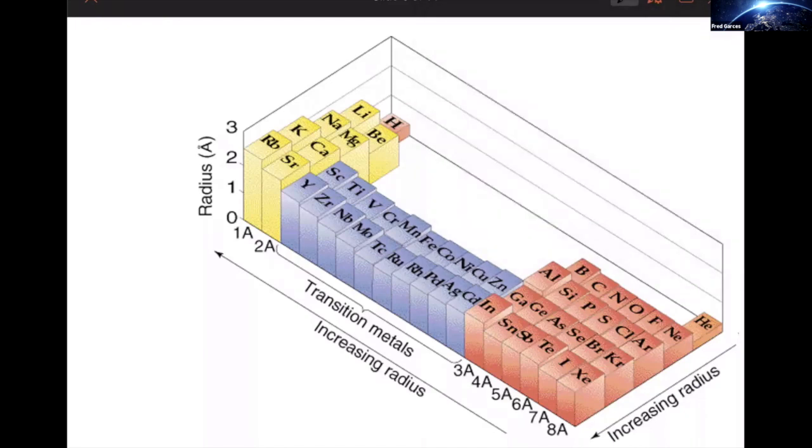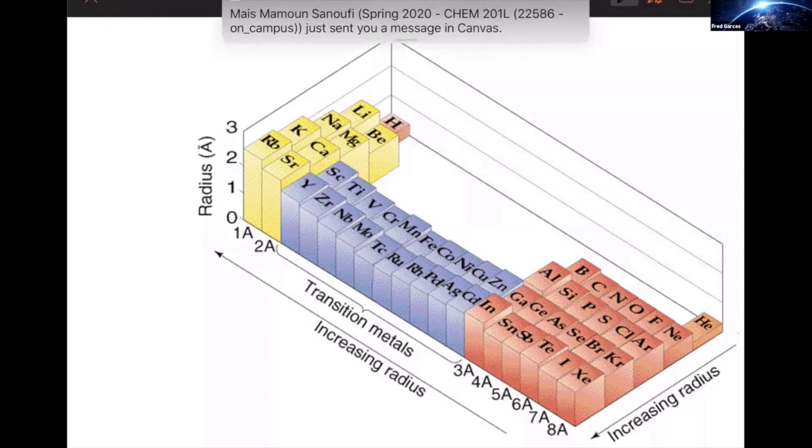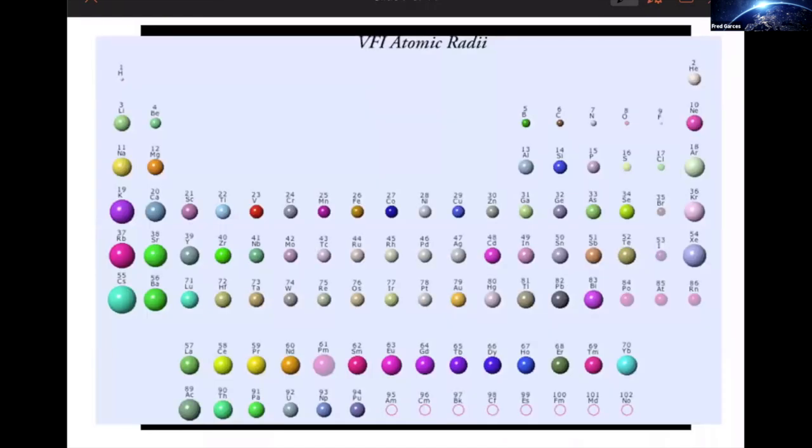Again, here's the radius trend, and in this particular case, you can see that the increasing radius is to the left, decreasing radius is to the right. Here's a better pictorial view of the size of the atoms and their atomic numbers. These are the atomic numbers right here. And you can certainly see the trend here.